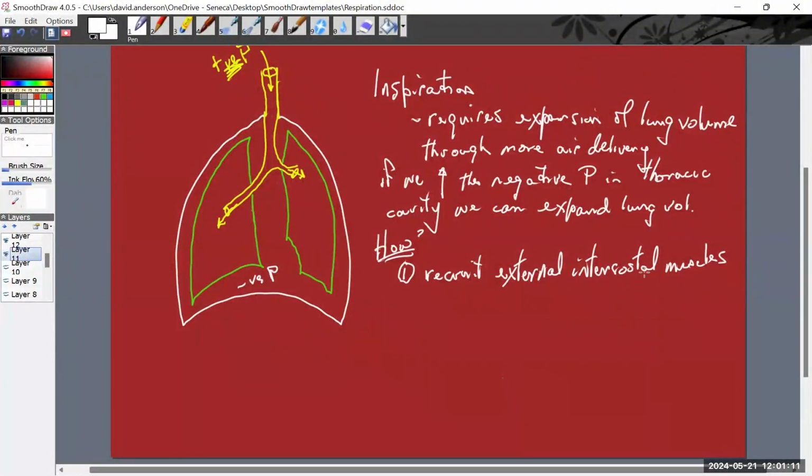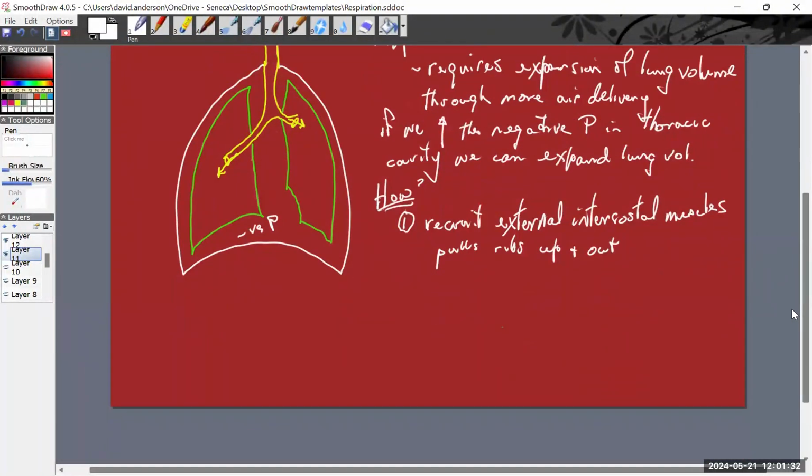Literally, intercostal tells you it's between the ribs. And what that does is that will pull the ribs up and out. And when we pull the ribs up and out, we increase the volume of the thoracic cavity.